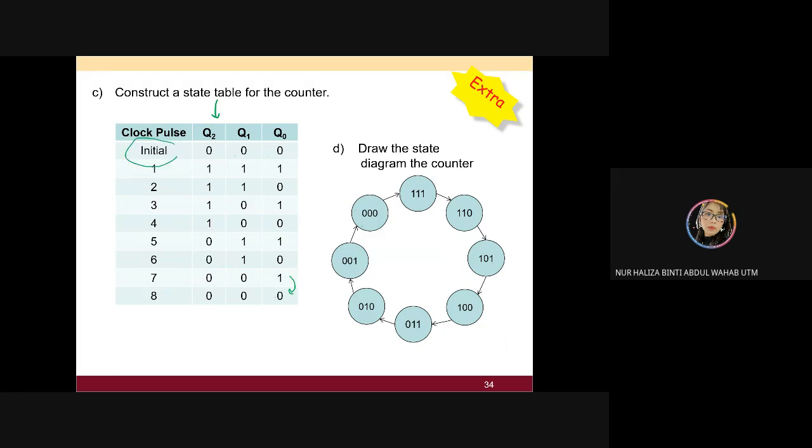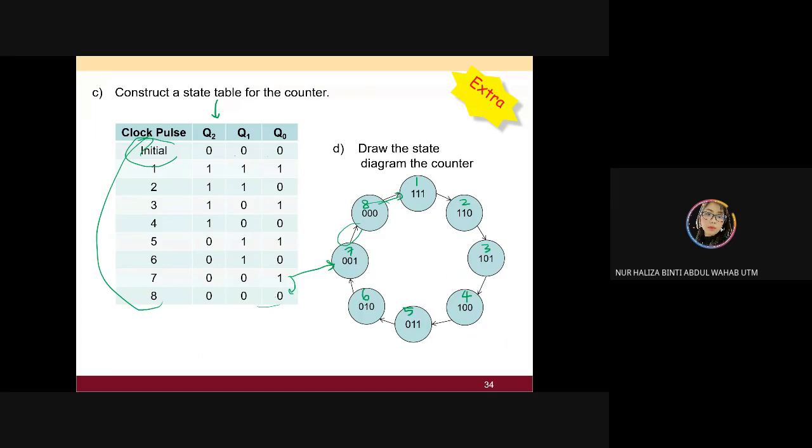After you reach this part, which is state 7, you go to state 8. This is your state 1, state 2, state 3, state 4, state 5, state 6, state 7, state 8. And then after that, it's going to repeat back to your initial value. Repeat several times.